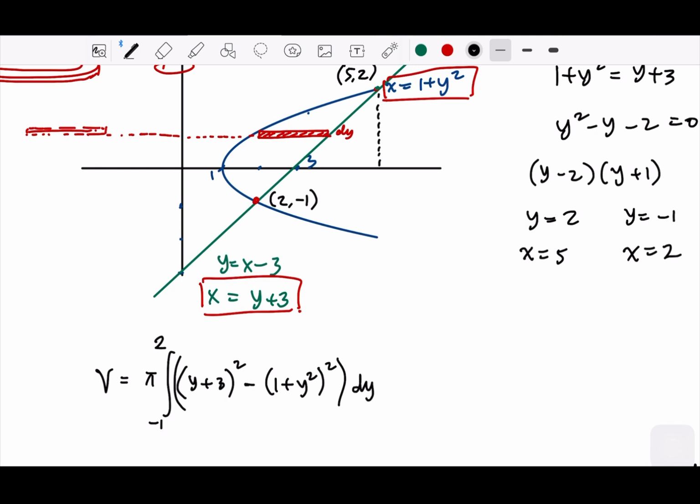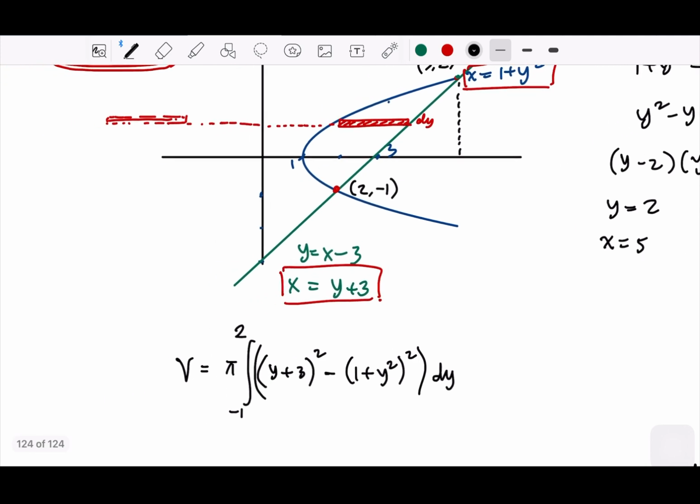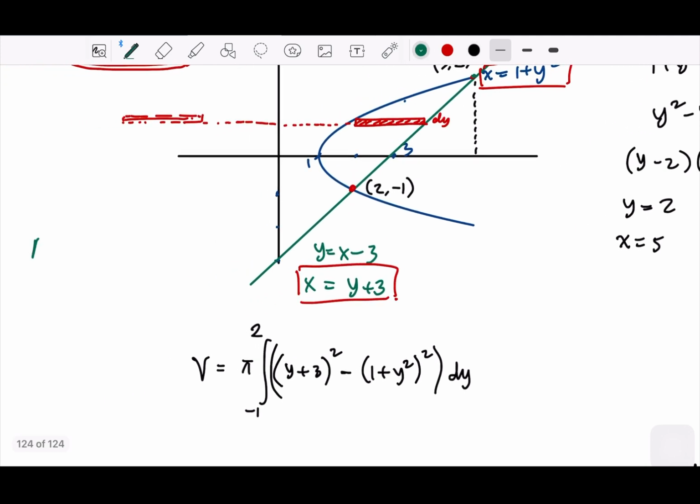The square comes from the area, pi r squared. So what we do is take r outer minus r inner, and then taking the volume means we are multiplying by the thickness, dy.